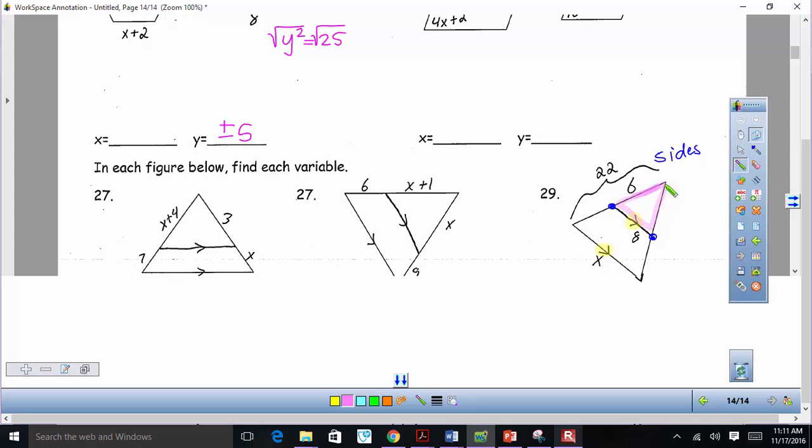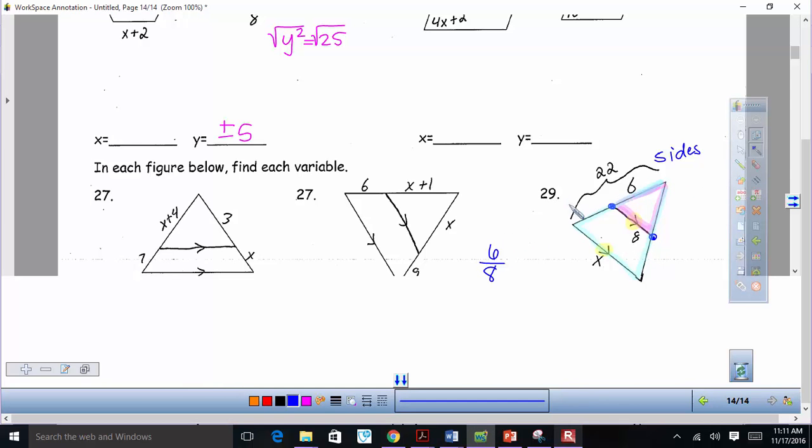So what is the side in the small triangle? 6. And what's the bottom? 8. Okay? Then we look at the big triangle. So what is the side in the big triangle? Okay.